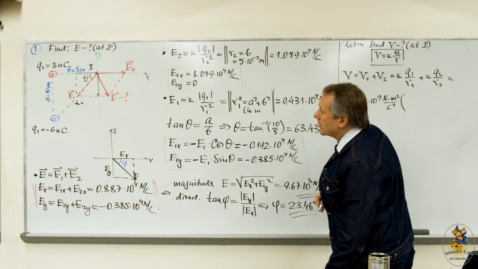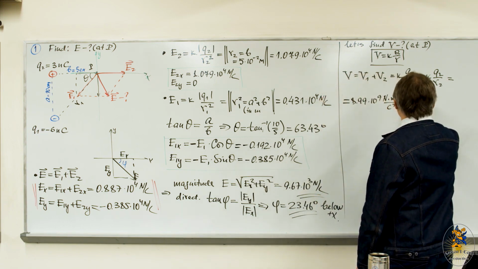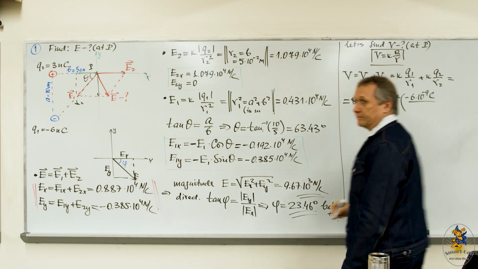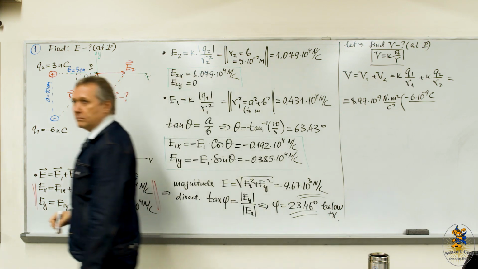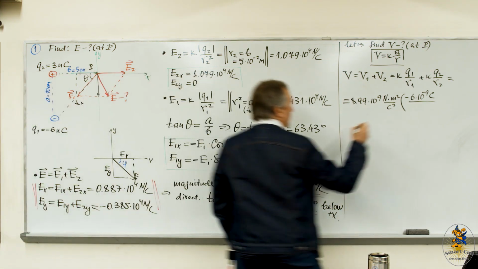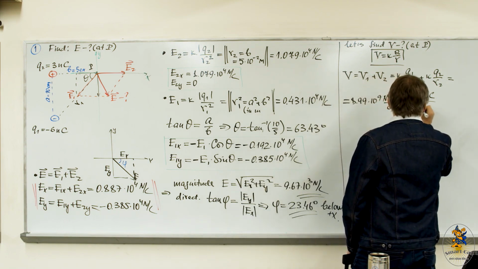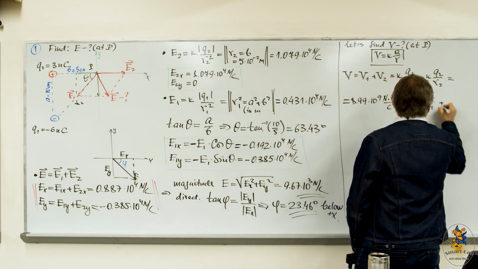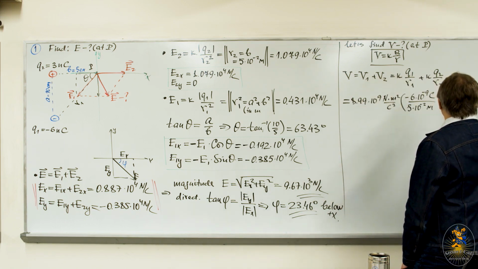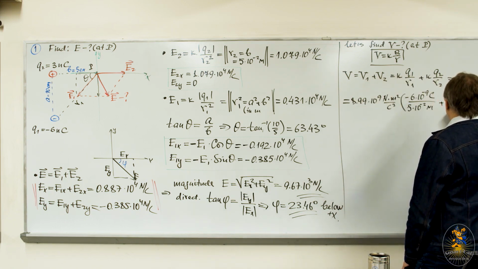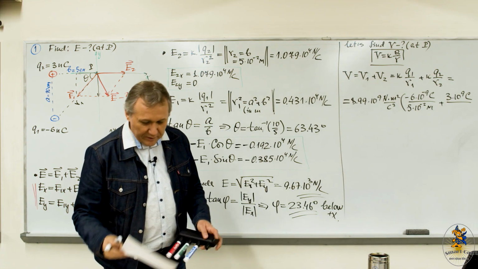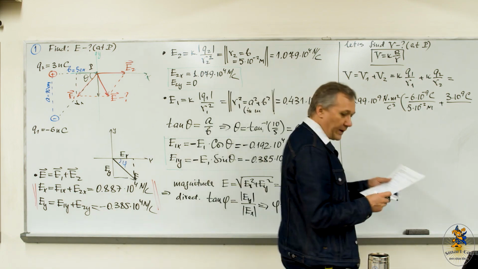Q1 is minus 6 times 10 to the power of minus 9 coulombs. R1, it's a B, 5 times 10 to the power of minus 2 meters. And then plus, what's the value of Q2? 3. And I think it's a square root of 125.